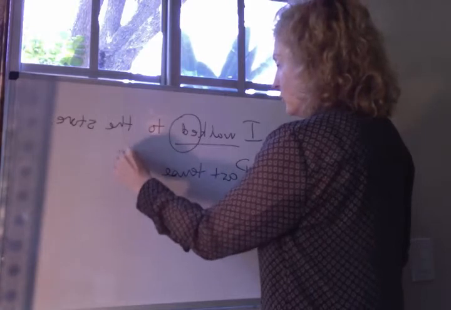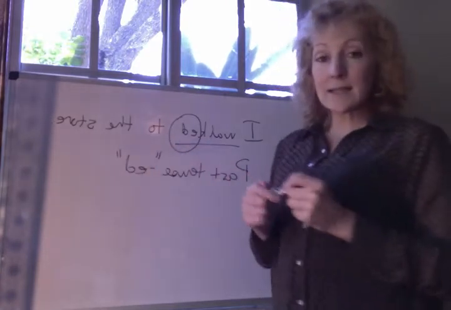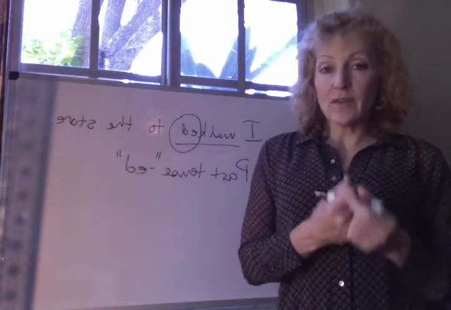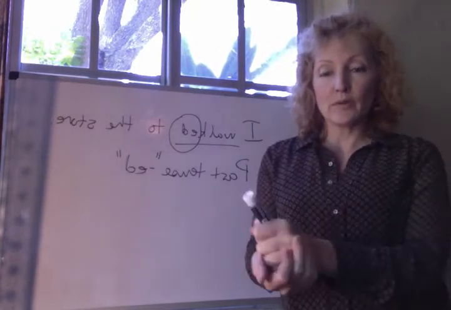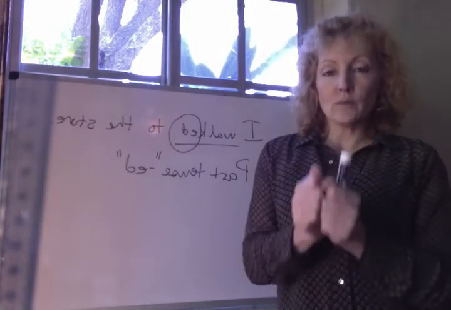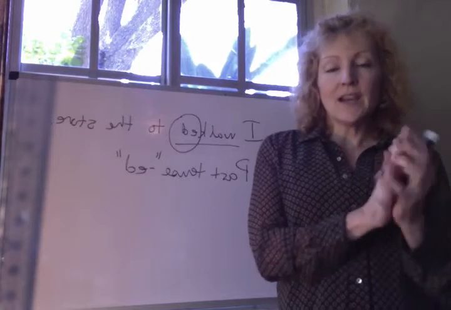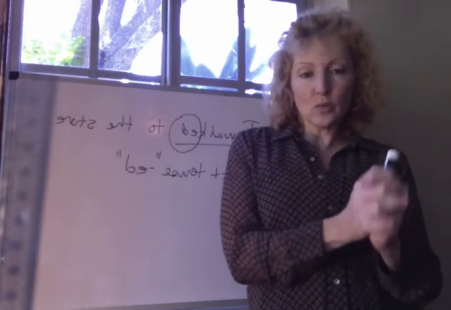And if you can have the past tense ed marker on a word, then you know that it must be a verb, because only verbs can appear with tenses. Nouns cannot appear with tenses.